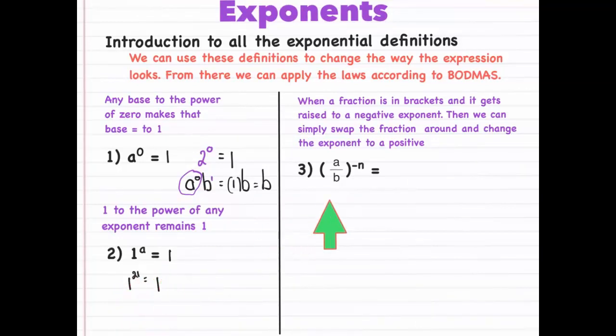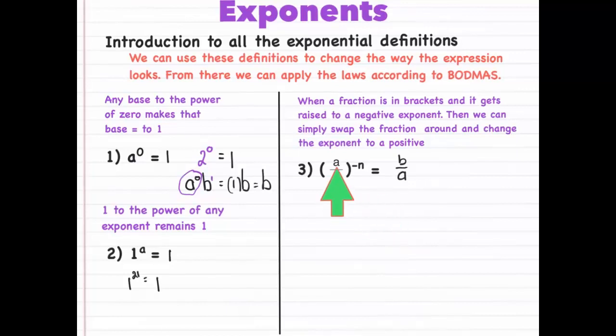Now, how about the third definition? When a fraction is in brackets and it gets raised to a negative exponent, then we can simply swap the fraction around and change the exponent to a positive. So let's see what happens. This is the fraction on the inside, it gets raised to a negative exponent. So what we basically can do is, we can just say now it will be b over a.